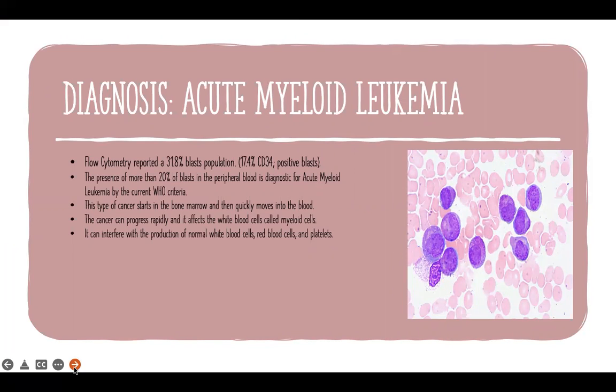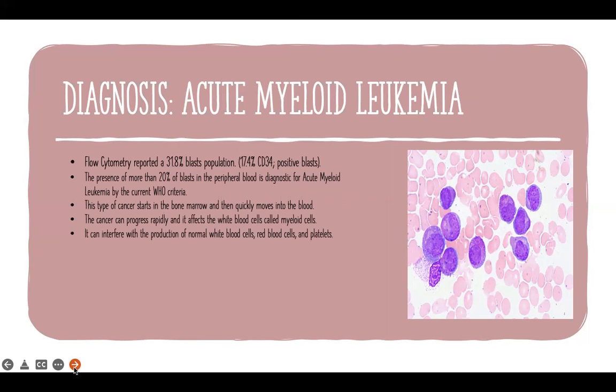So with the diagnosis, the flow cytometry report was ultimately what really helped diagnose this patient. Because the report had detected a 31.8% blast population, and 17.4% CD34 positive blasts, and an abnormal myeloid immunophenotype.